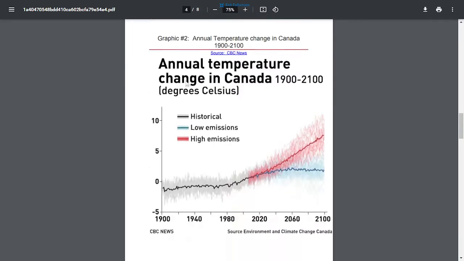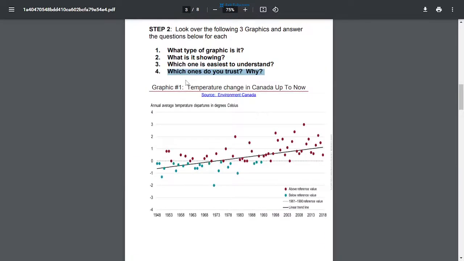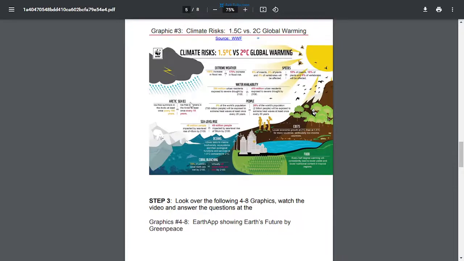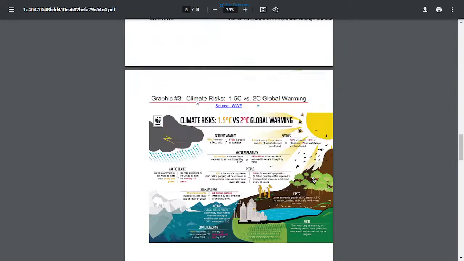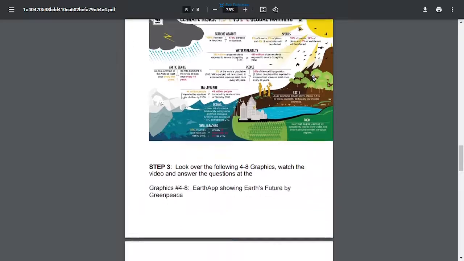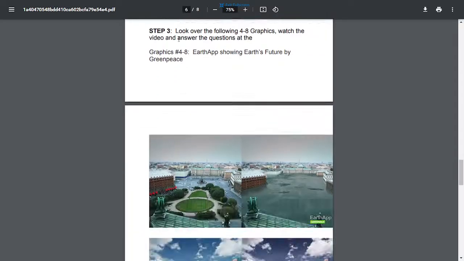So there are 3 graphics: there's 1, there's 2, and there's 3. Okay, so again, look at all 3. Say, what type of graphic is it? What is it showing? If you're not sure what type of graphic, you can just use your best guess. You can just describe it.